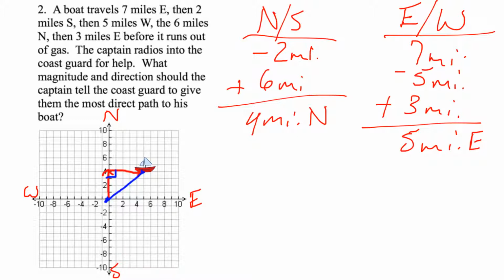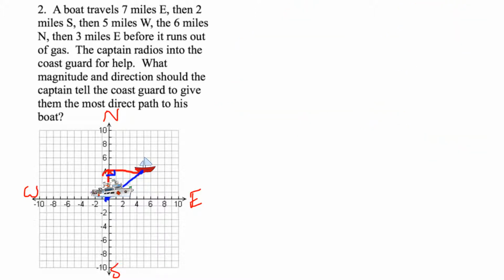Notice that that's a right triangle, and so we can use the Pythagorean theorem to figure out how far our little Coast Guard ship needs to travel. So let's go ahead and do that.